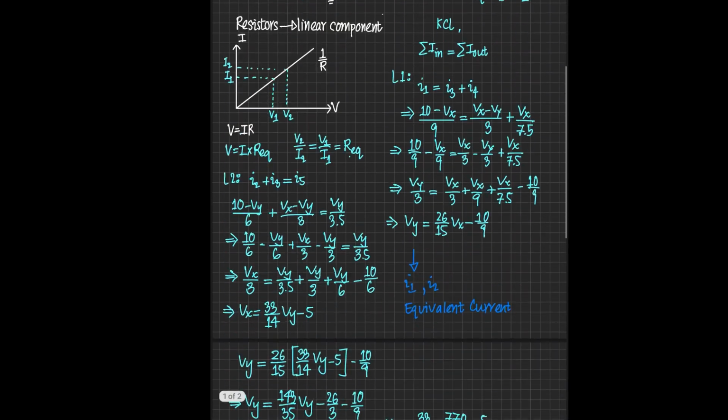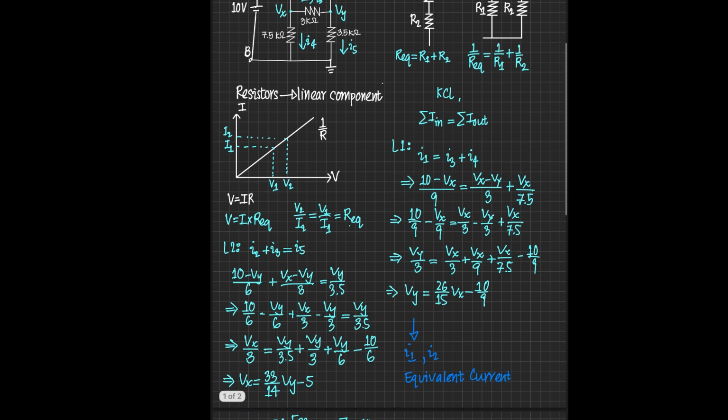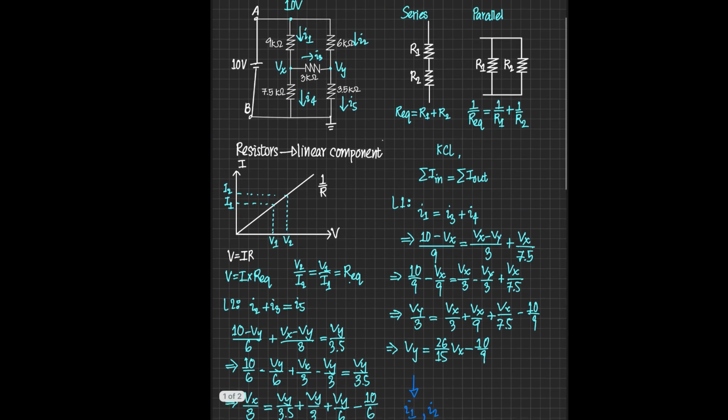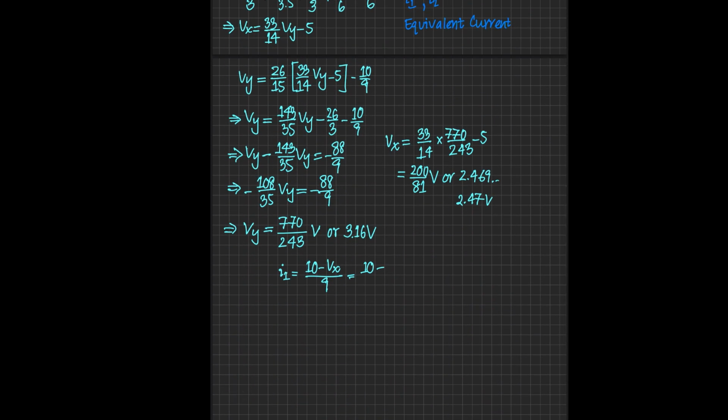So let's find I1. I1 is equal to 10 minus Vx by 9, so 10 minus 200 by 81. Note that I'm using fractions in the calculations for more accurate results.